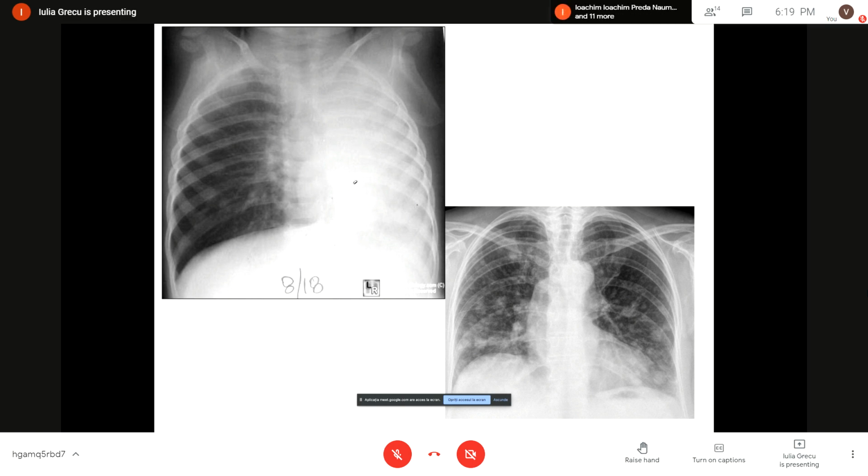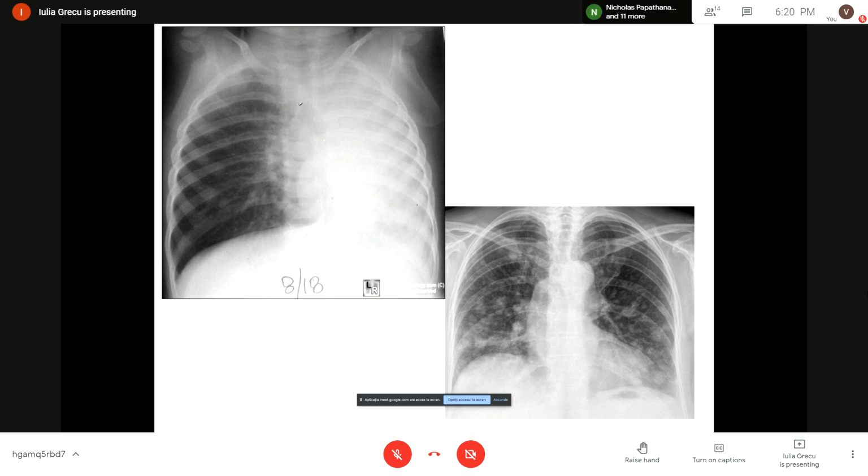So an opacity is a structure that is of an increased intensity. It's more white than the surrounding lung, which is our reference point, if you like.